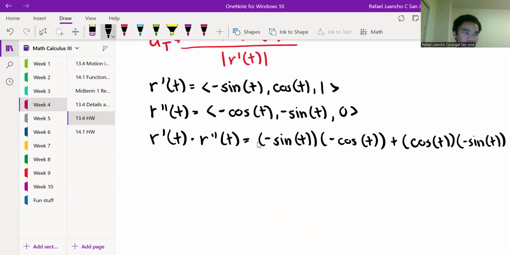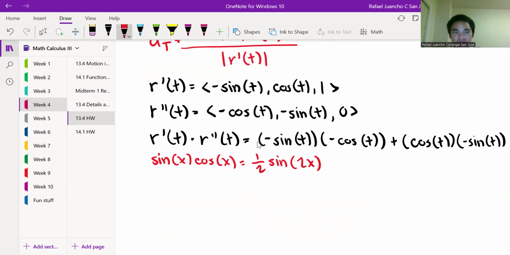There was a formula for that, where if I compute a sine and a cosine together, and they have the same parameters, this is a trig identity. If I get sine x and cosine x, I basically get 1/2 of sine 2x.